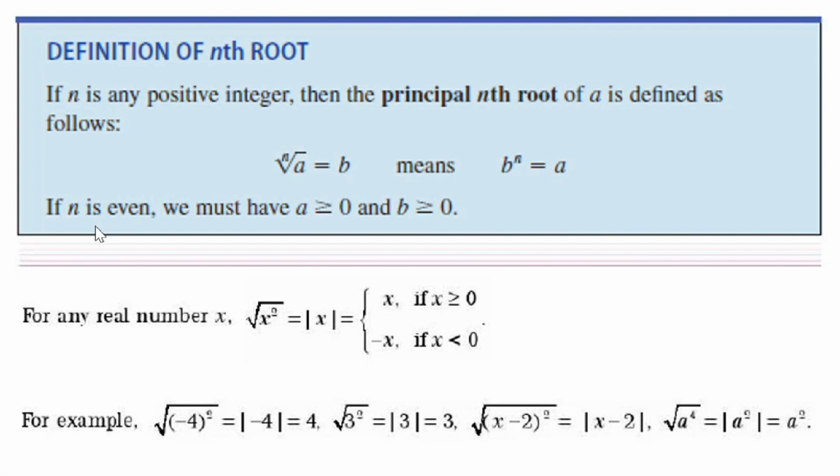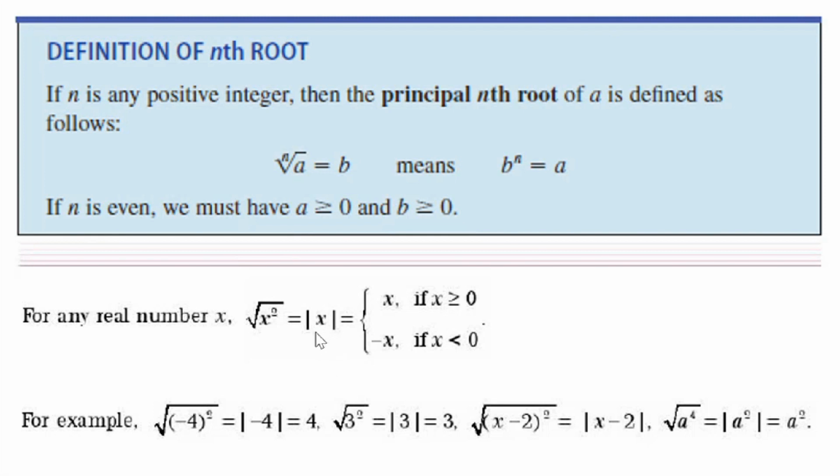If n is even, we must have a is greater than or equal to 0 and b is greater than or equal to 0. To illustrate that one, allow me to use this one. For any real number x, the square root of x squared is equal to the absolute value of x. Why absolute value? Because it has two possible answers.